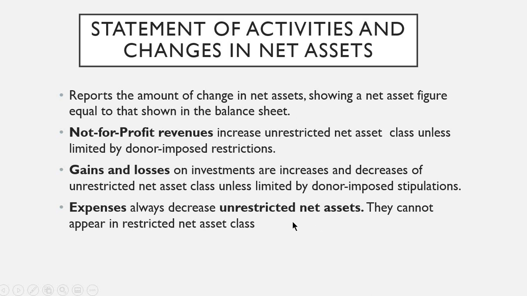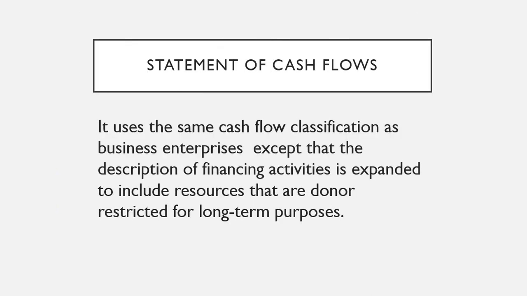That is very illogical. Kaya, discuss natin yan later, how to treat an expenses as unrestricted net asset kahit na that expenses is related to a restricted net asset. Discuss yan later.